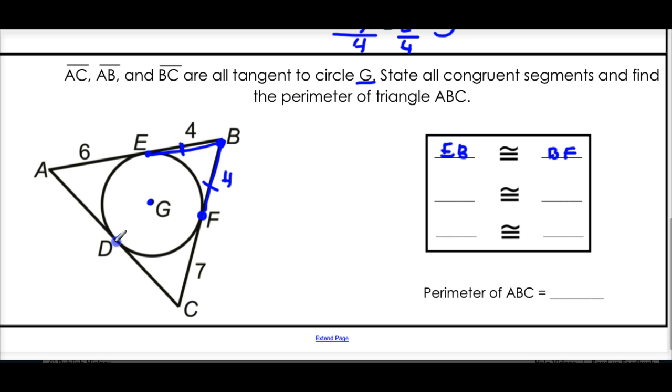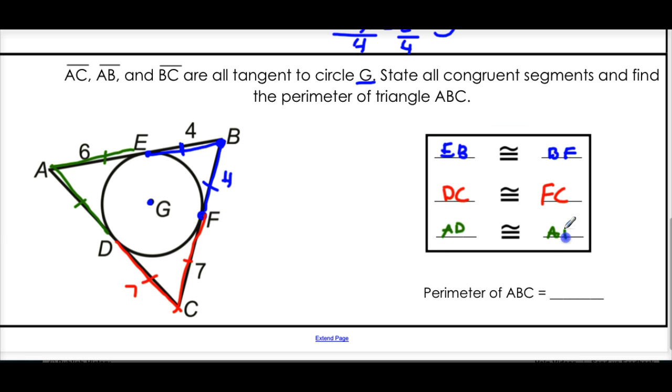We also know that we have another princess hat right here, DC and DF. Look how pretty that one is. So we know DC is congruent to FC. And so if this is 7, this is also 7. And finally, we know that we have another princess hat over here, AD and AE. So I know AD is congruent to AE.